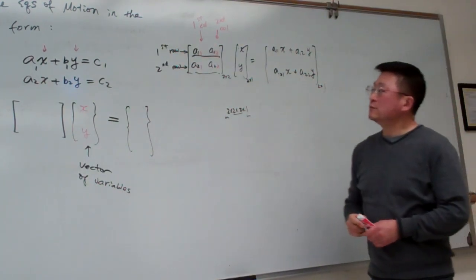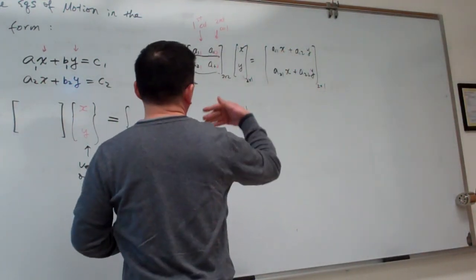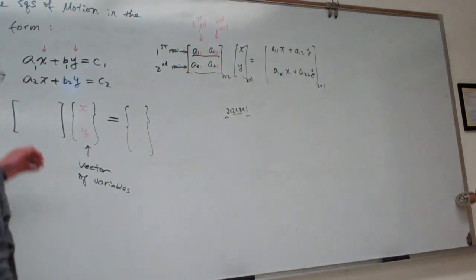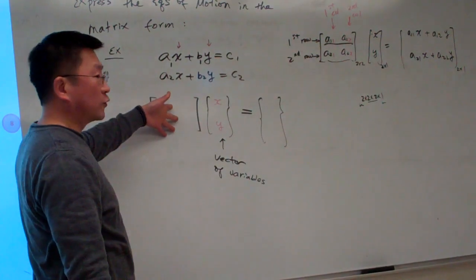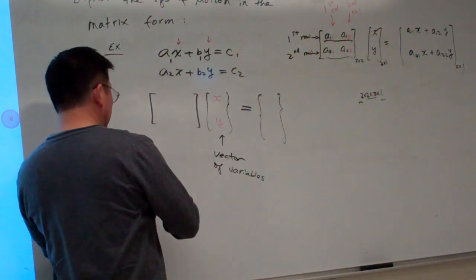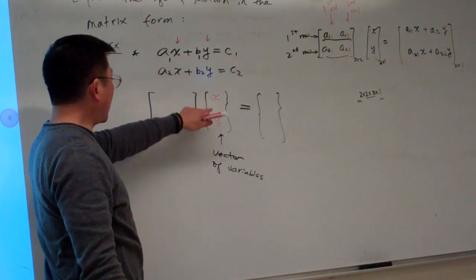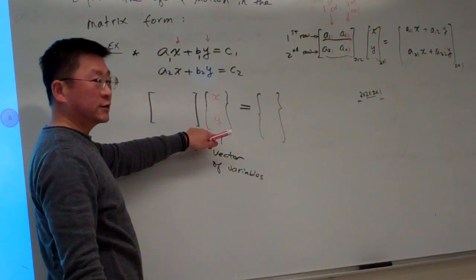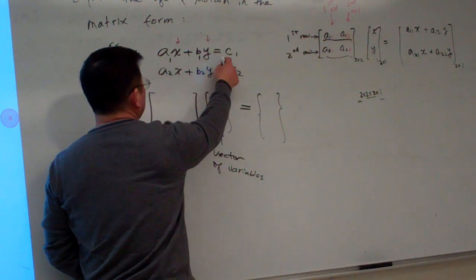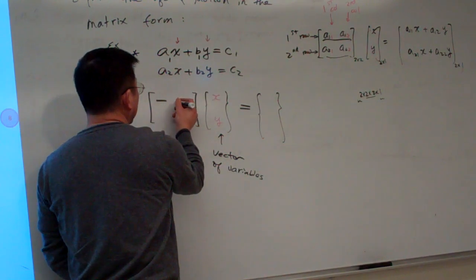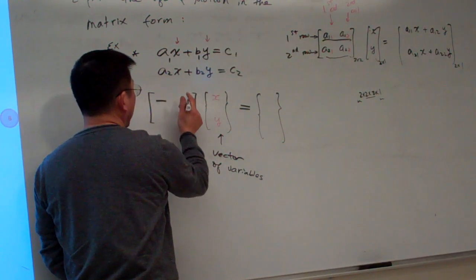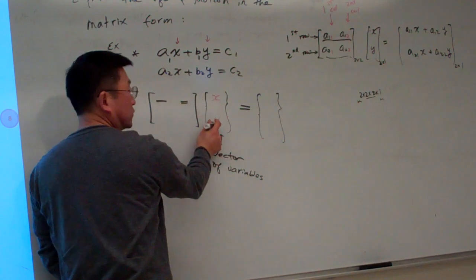Okay. So for this case, if we reverse, if we are given this one, how can we write the matrix form? We look at this equation carefully. Right now we have laid out the vector here. This equation is simply equal to these numbers multiplied with x plus this number multiplied with y.